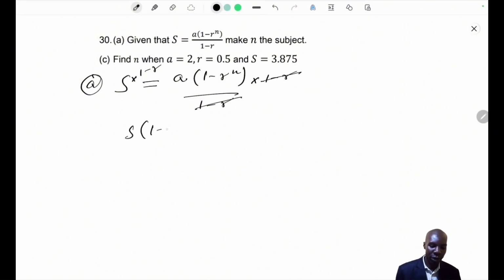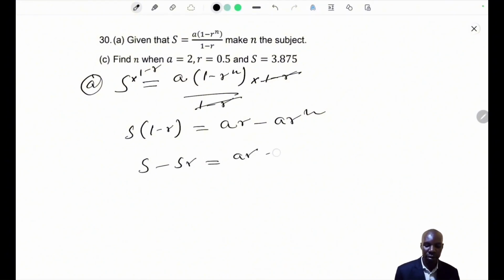So we'll have S in bracket 1 minus R should be equal to A minus A R to the power N. So this will give us S minus S R should be equal to A minus A R to the power N. So if we bring A to the left, we'll have S minus S R minus A equals minus A R to the power N.